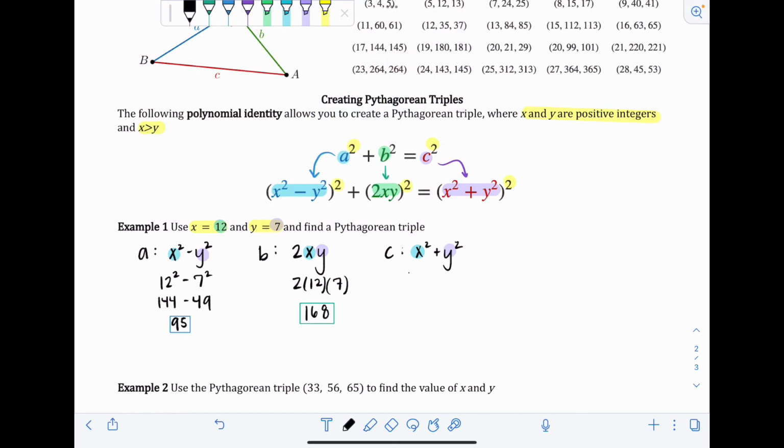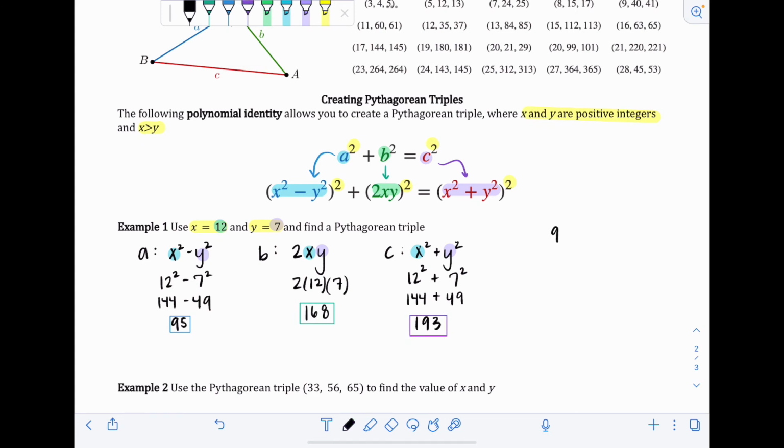So it'll be 12 squared plus 7 squared. 12 squared is 144, plus 7 squared is 49, and then we just need to add them together. So 144 plus 49 is 193, and that is the third number from our triple. So we found a triple.